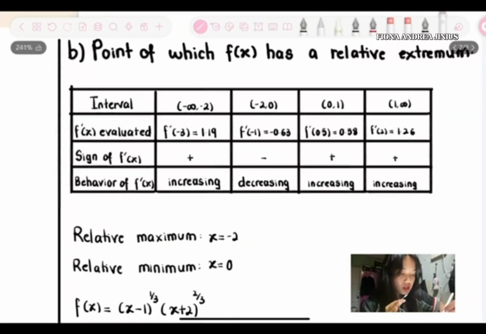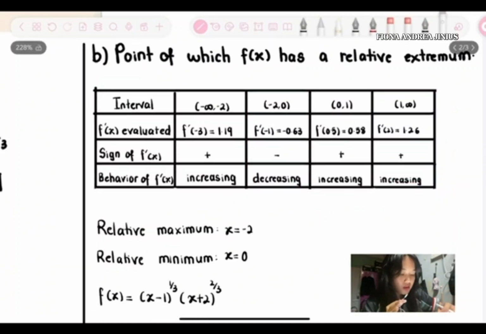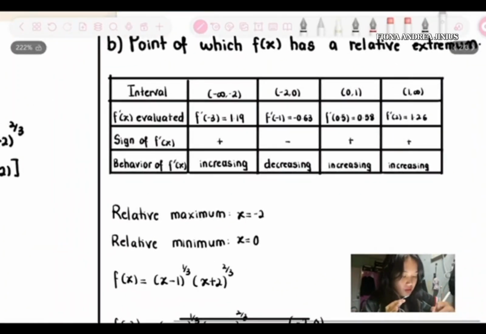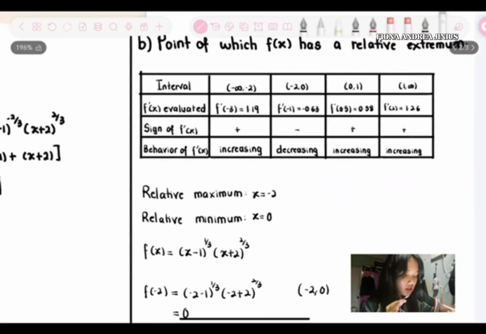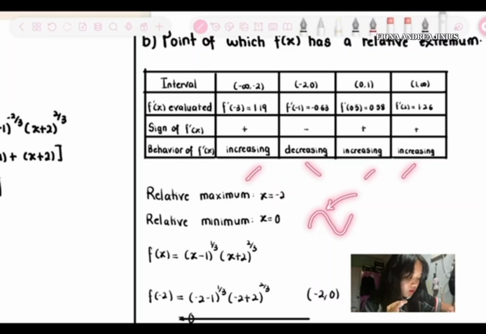Same goes for the other three: choose a number, insert it, see the sign, and then the behavior. As you can see, the behavior here is increasing, decreasing, increasing, and increasing. So since it goes from increasing to decreasing, there is a point here, which we call a maximum, and here is a minimum.